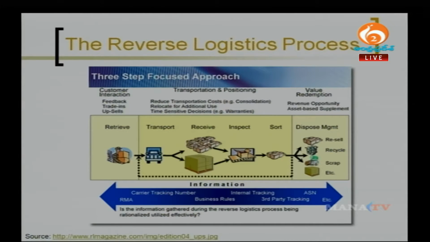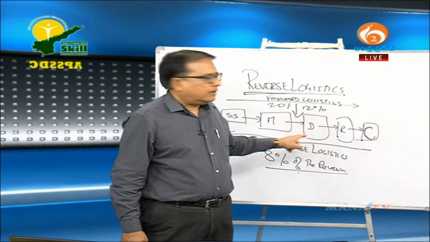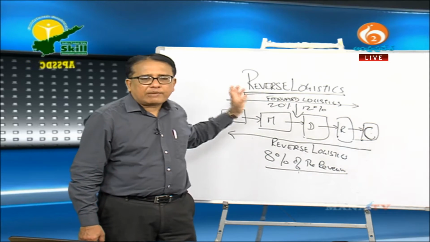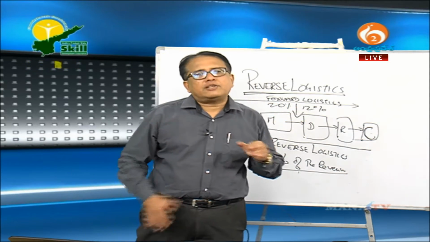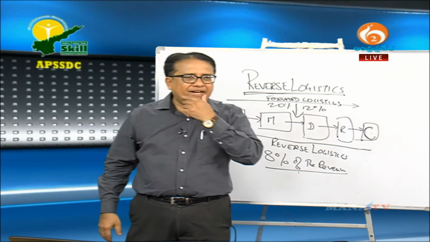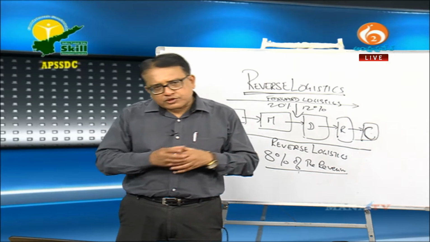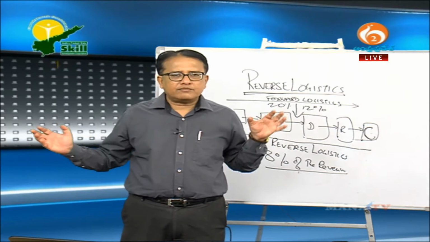Carrier tracking, internal tracking, business rules, third party tracking, etc. Because if you have to understand, there was a very complicated process involved in forward logistics. From the time a particular product was manufactured till the time it was made available to a customer, it went through several channels, moved through several companies, several facilities.